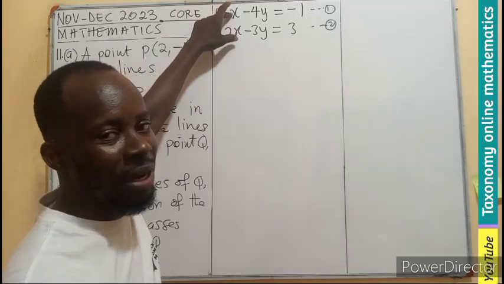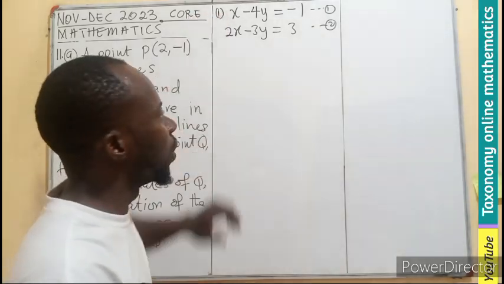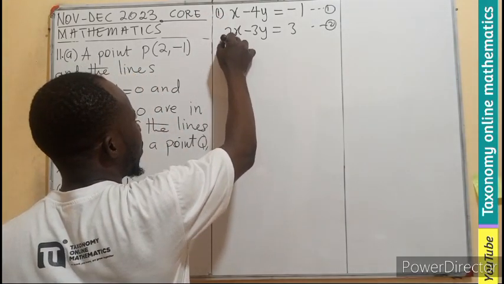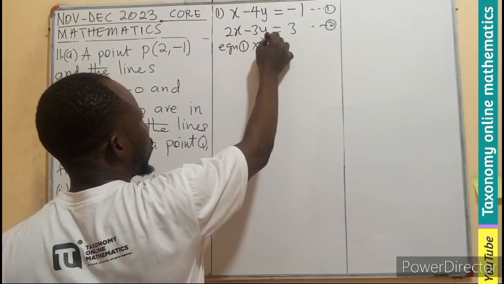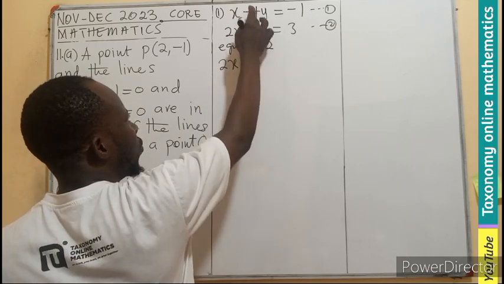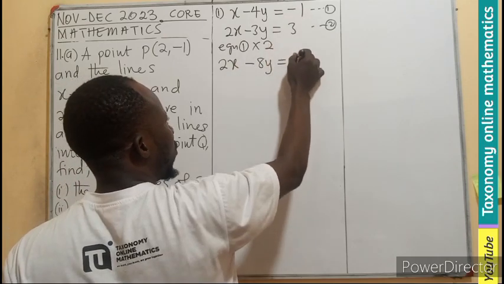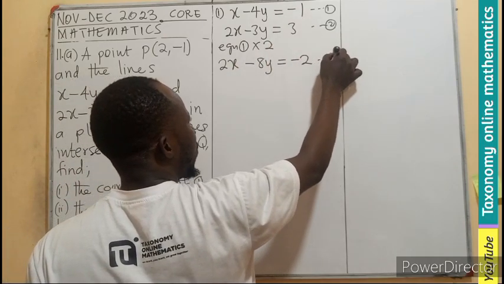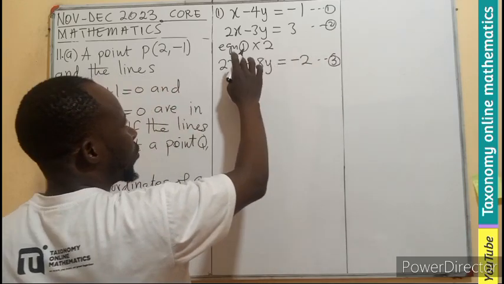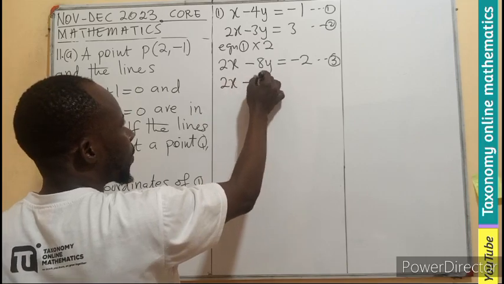I want to eliminate x, so I'll make sure the x here also has 2. Therefore, equation 1 times 2, meaning 2 times x, 2 times 4y, and 2 times this will be -2. That becomes equation 3. So I'm solving equations 3 and 2 simultaneously.